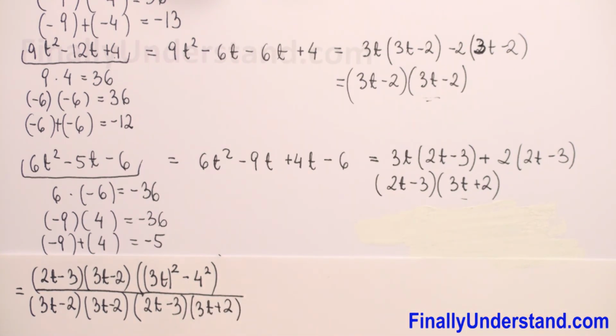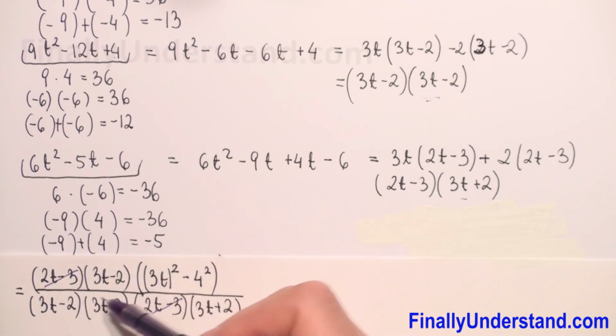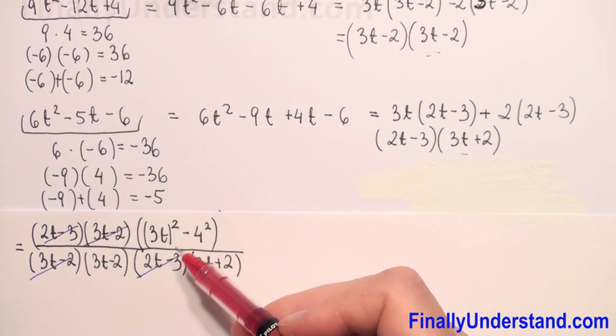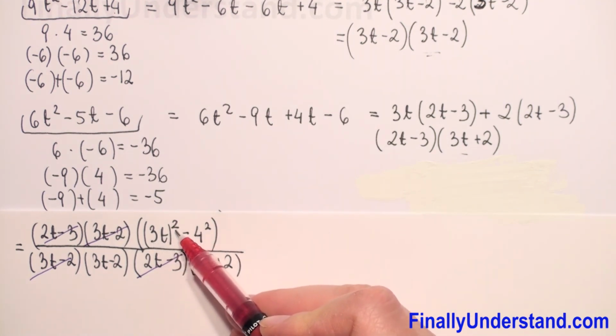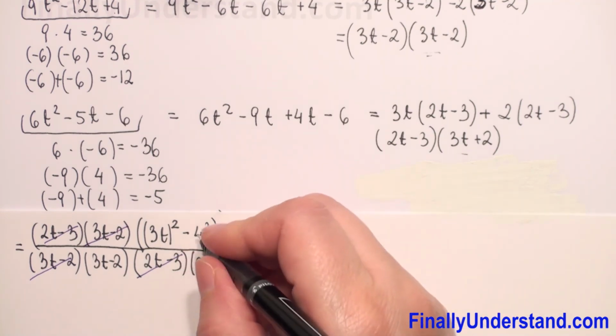Now, because we have multiplication and we have the same expression in parentheses, we can reduce 2t minus 3 with 2t minus 3 and 3t minus 2 with 3t minus 2 in the denominator. So now we can use the difference of two perfect squares also, because we have in the numerator 3t to the second power minus 4, of course should be 2 to the second power.